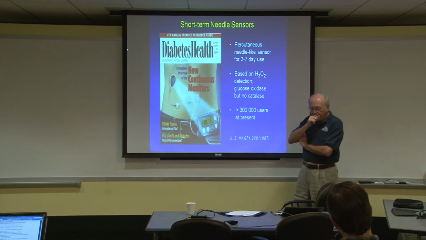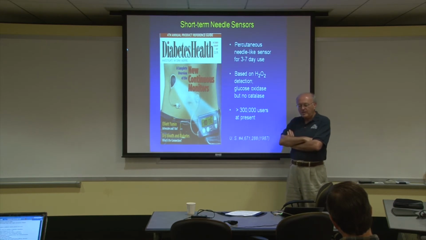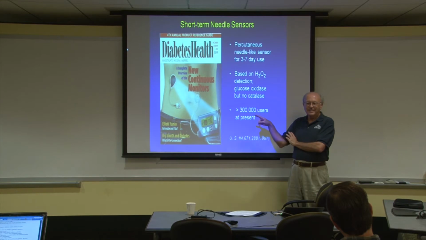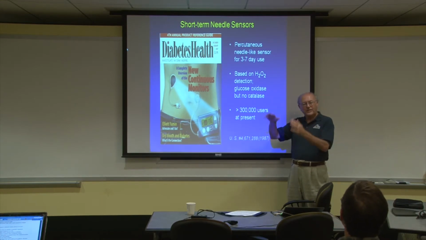So what happened? Well, there's one smart guy in industry that said, okay, it doesn't work for measuring glucose. You can't use it as a primary glucose standard. But maybe you can use it to measure glucose trends. Once it's calibrated, whatever level it is, you can see if your glucose is going up and down.